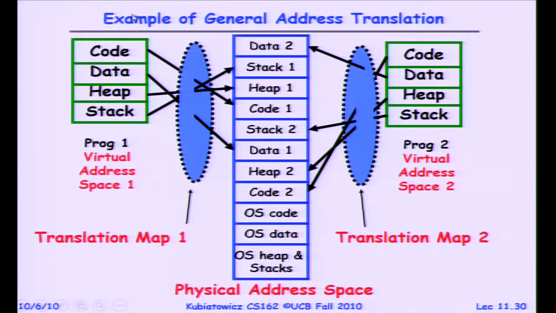We go through different translations for process 1 and process 2, and as a result, the code for process 1, even though it might start at 0, gets translated to a particular part of physical memory where the code actually resides, and the code for program 2 gets translated to a different part of physical memory. And both of those can be linked as if they were to start at address 0, even though they don't, because the processor, who's the one that's actually going to use that data, is going through a translation process transparently.